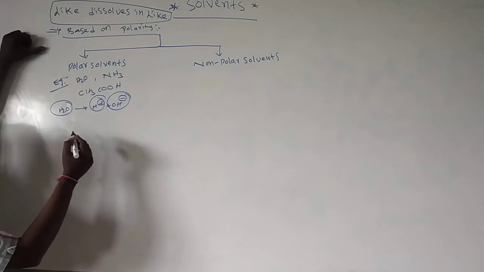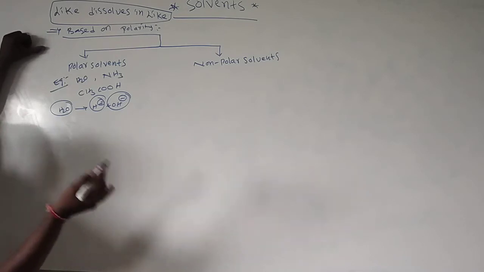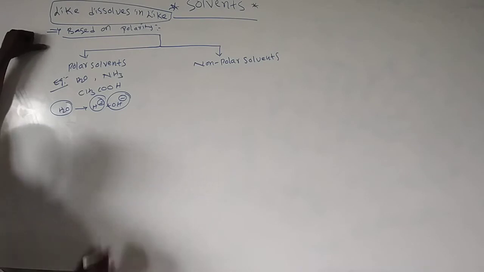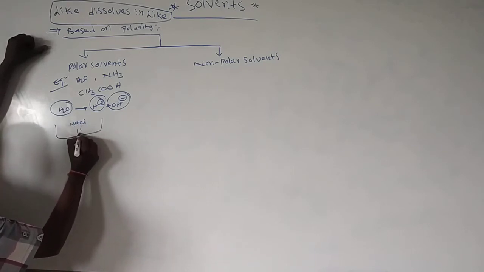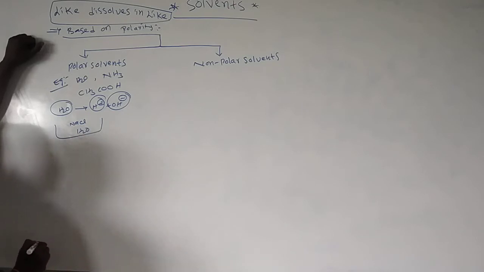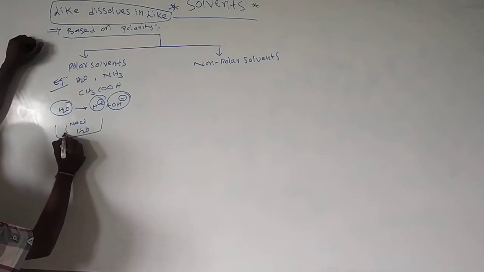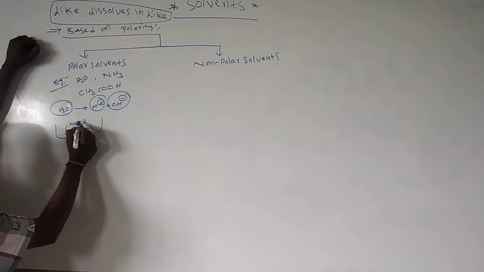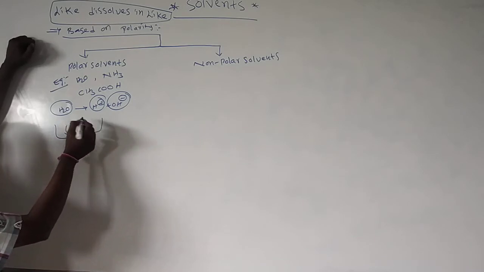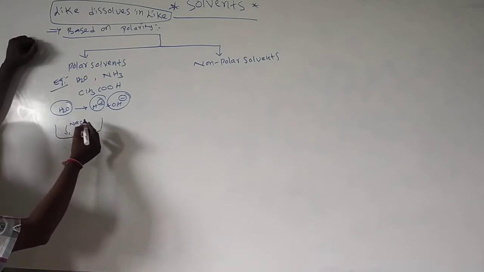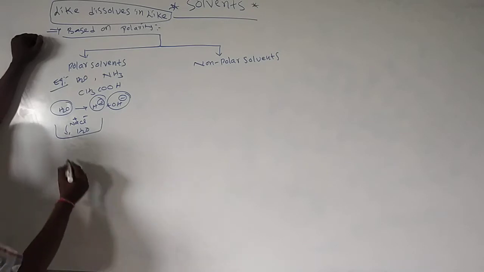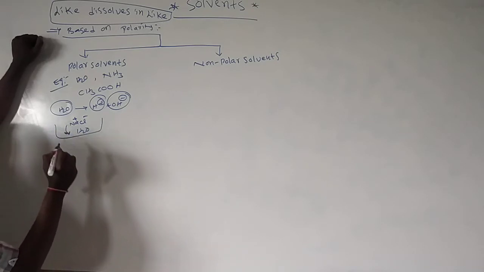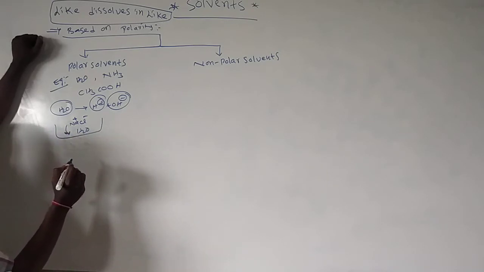Polar molecules are soluble only in polar solvents. Sodium chloride is easily soluble in water. Why? Sodium chloride is an ionic compound. It also easily dissociates into poles, Na plus and Cl minus. Then it easily dissolves in water.